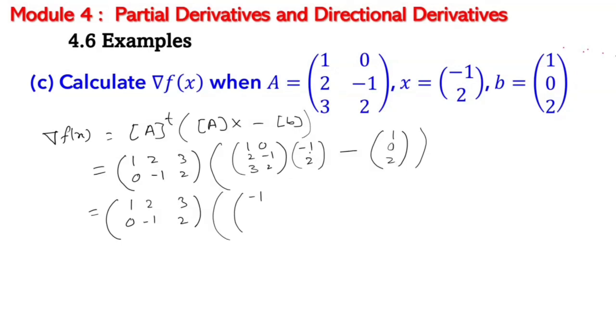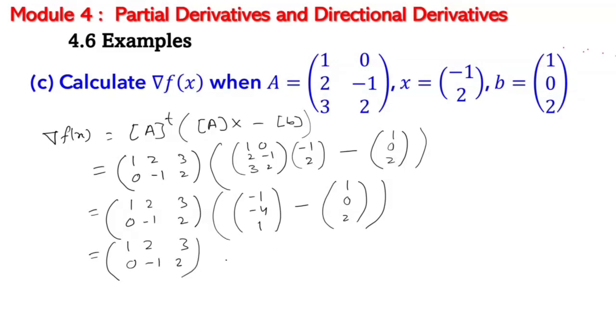So what will it be: this is minus 1, this is minus 2, so minus 4; minus 3 plus 4 is 1; minus 1, 0, 2. So this is equal to 1 2 3, 0 minus 1 2, and if we simplify it, this will become minus 2, minus 4, minus 1.